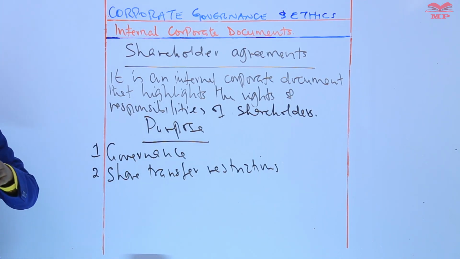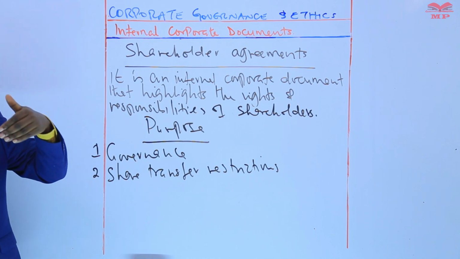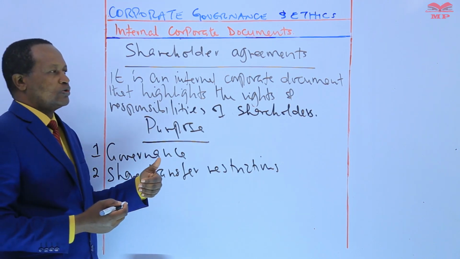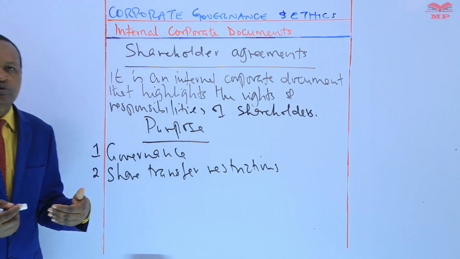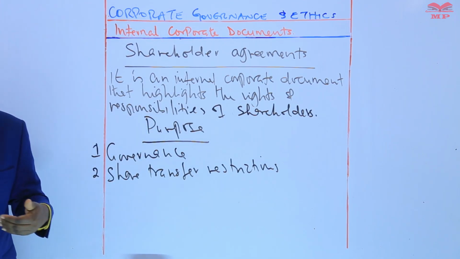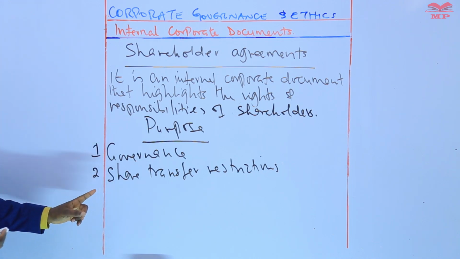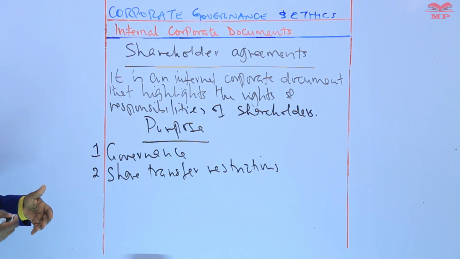That means giving existing shareholders the right of first refusal, or what we call the tag along and drag along rights. So the shareholder agreement can include provisions for share transfer restrictions.